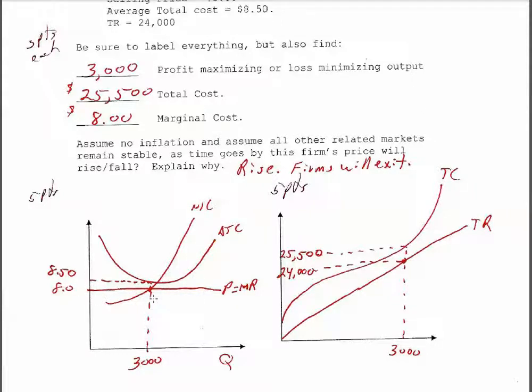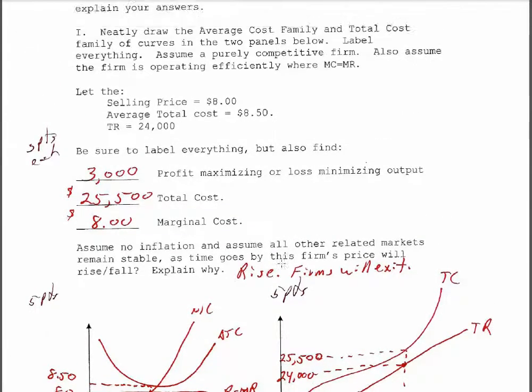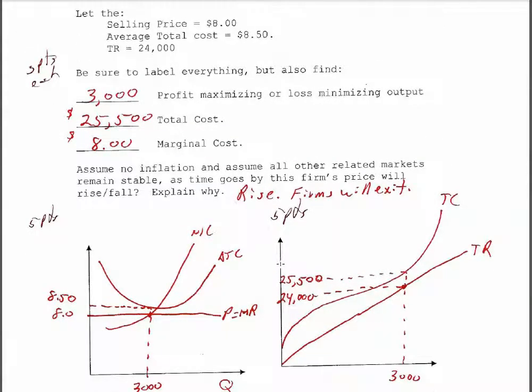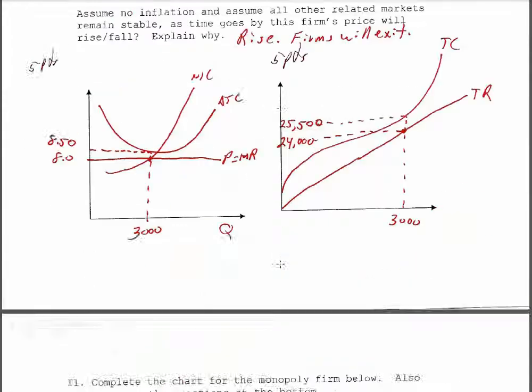And if you drew it using the total cost family, the total revenue curve must pass underneath the total cost curve. Alright, so that was Roman numeral 1, and each of your little algebraic answers were 3 points each, and your two graphs were 5 points each.